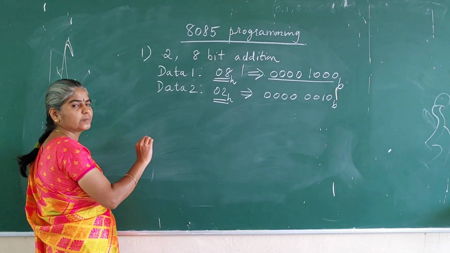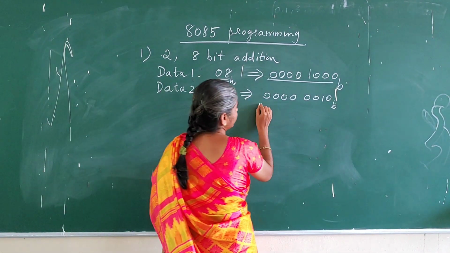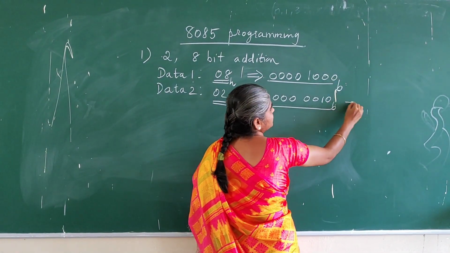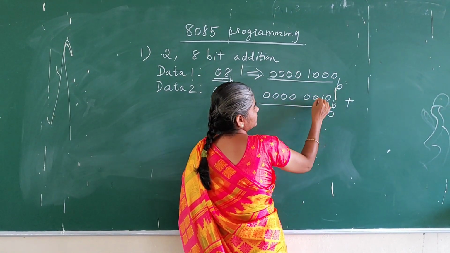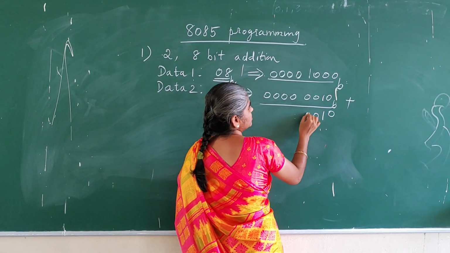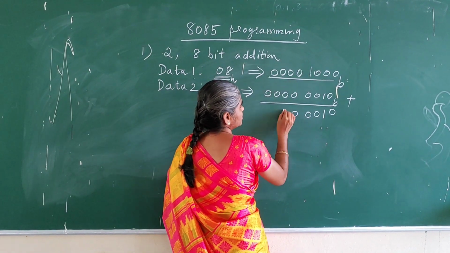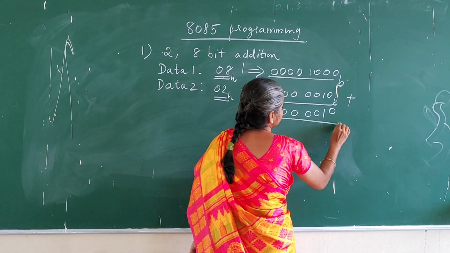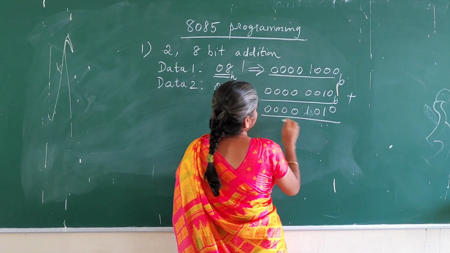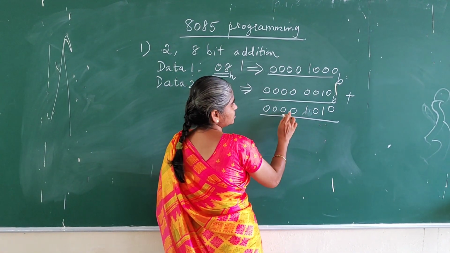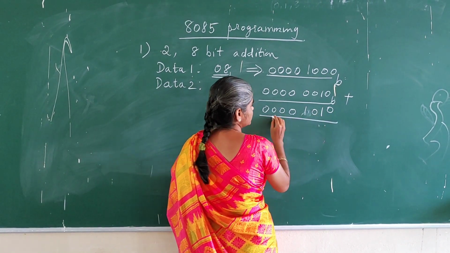If you add these two values, bit by bit, 0 plus 0 is 0, 0 plus 1 is 1, and so on, and your result will be 00001010.